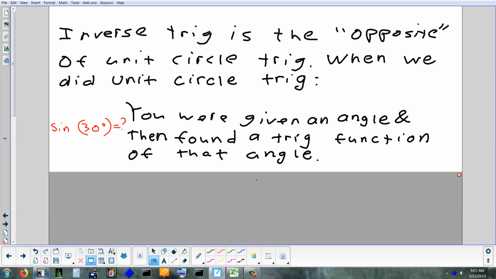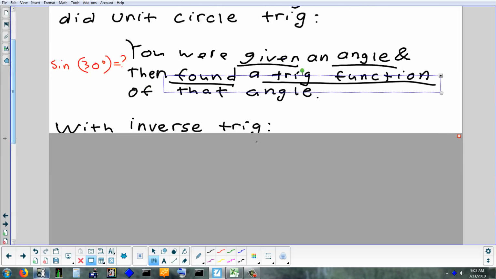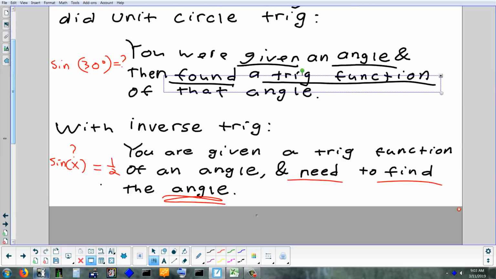Okay, so you were given an angle. And you found the trig function. This week, it's reversed. You're not going to find the trig function. I'm going to give you the trig function. Right? So you're going to be given the trig function.